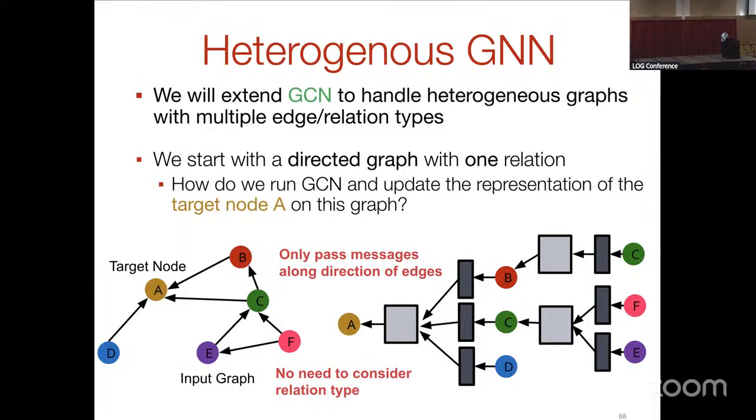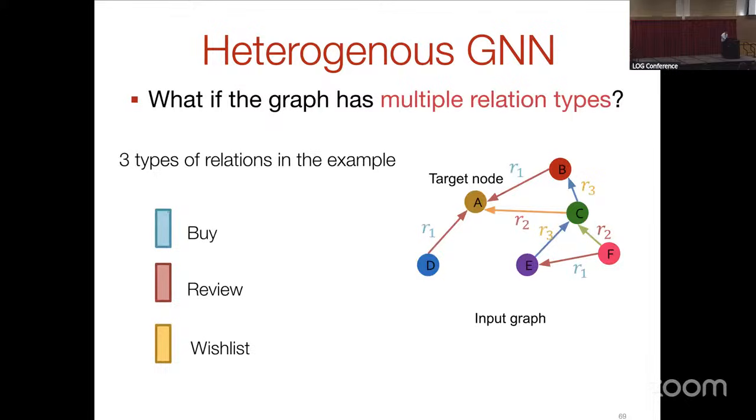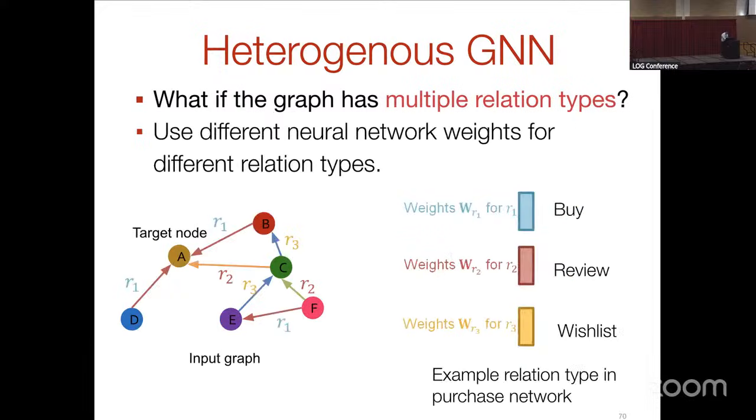And then to extend to multiple types of relation, for example, now you have a complex purchase network where you have the buy operation, you have the review relation, and also something like a wish list, right? So here, the key idea is to use different sets of neural network weights to represent different relation types.